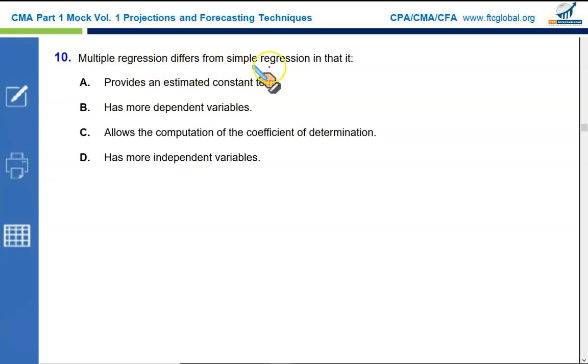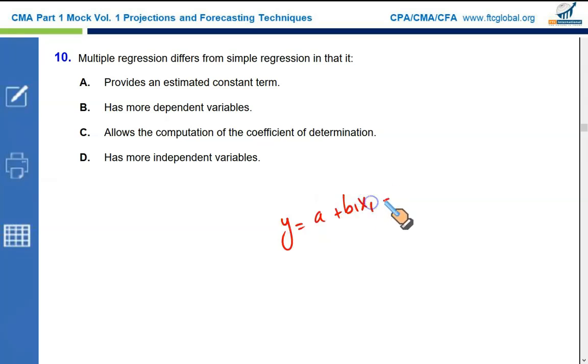Multiple regression differs from the simple regression in that this is the formula we use, or the form of the multiple regression: Y is equal to A plus B1x1 plus B2x2 plus so on, Bnxn. Here x1, x2, x3 and so on to xn are your independent variables.